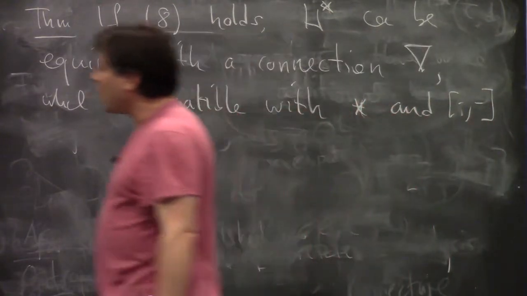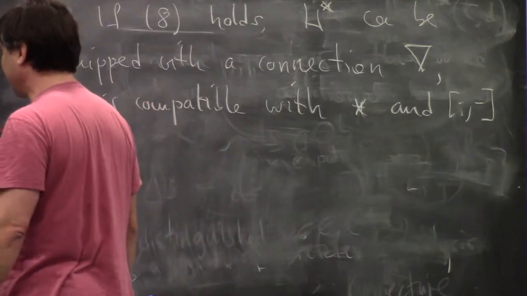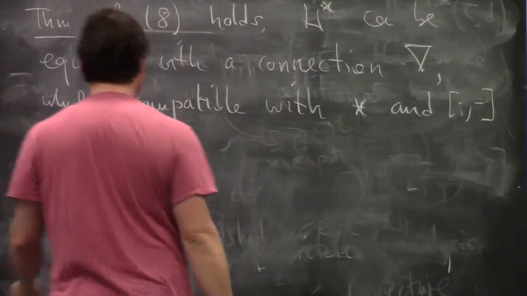Okay? So which means that this connection is a derivation for both the product and the bracket. And now, what about the BV operator? Okay? So I said that the class S is 0, but if you know these kind of theories, I didn't actually say that the class S was equivariantly 0. Okay?